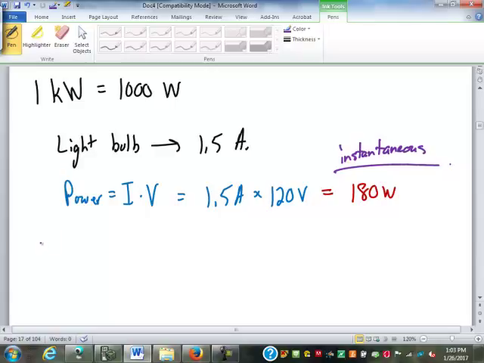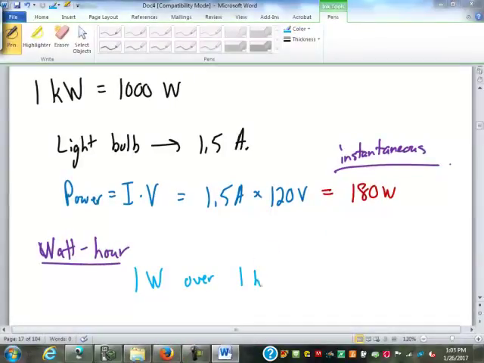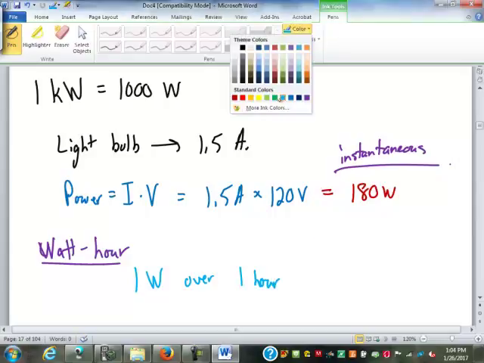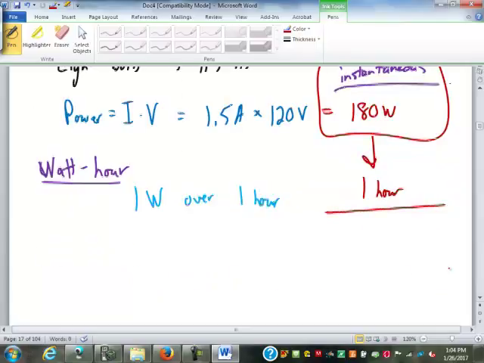So a watt hour is 1 watt of power being used over 1 hour of time. So if this light bulb were left on for 1 hour, 180 watts times 1 hour, it would use 180 watt hours.